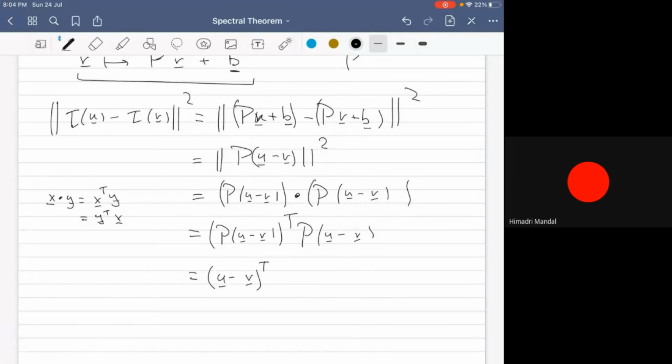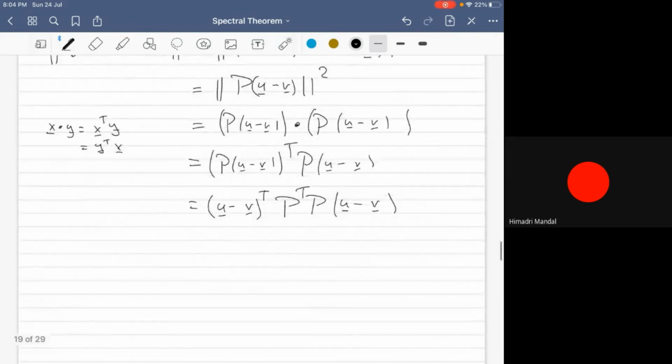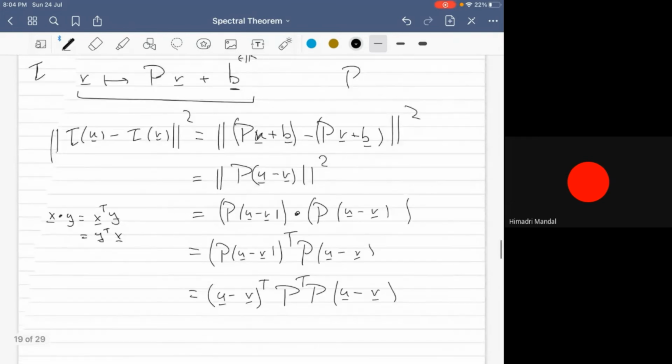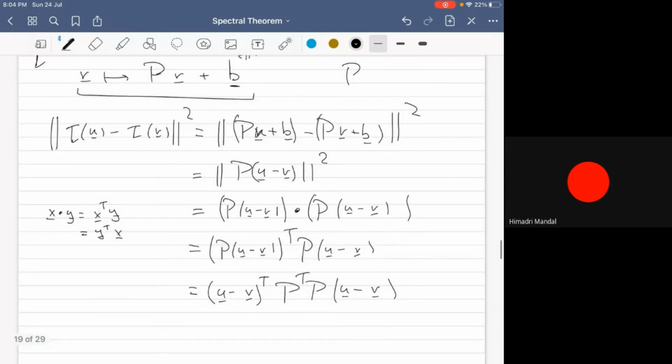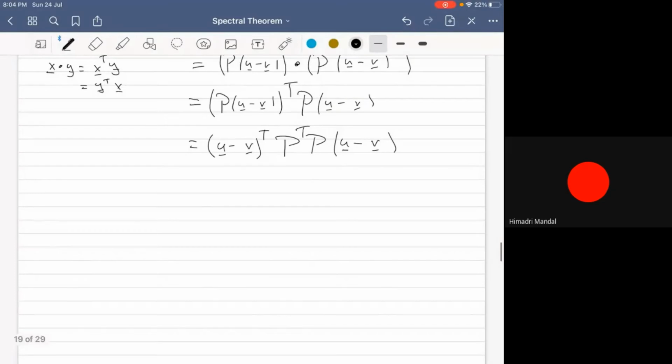This would be just the row vector, like transposing a column vector we get a row vector, and then we would have p transpose p, then u minus v again. And for this to be equal to, we need this to be equal to, let's take a question mark here, the norm of u minus v squared, which is u minus v dot u minus v, i.e. this thing.